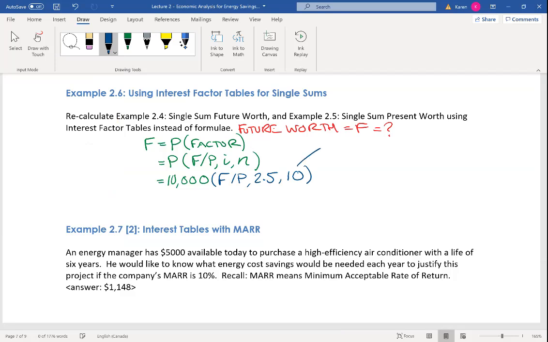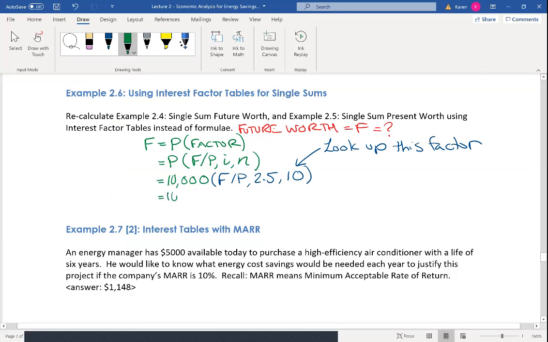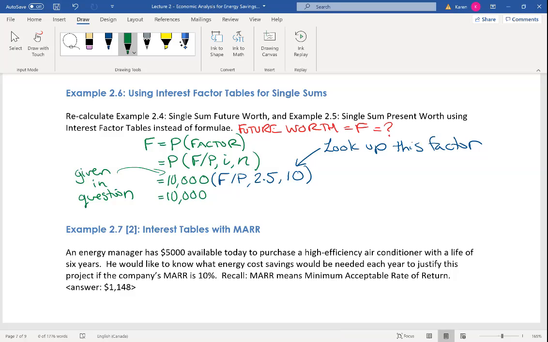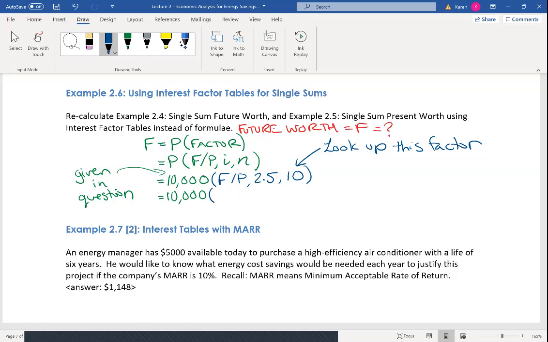So I look up this factor. You'll have your $10,000, which again is given in the question above. And then I'm going to find that factor in my tables. It's worthwhile if you flip through and go to the effort of finding it in the table, please.